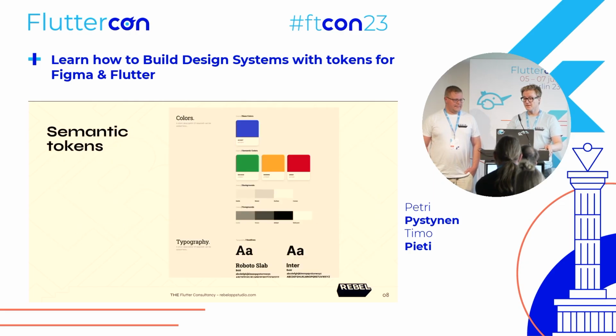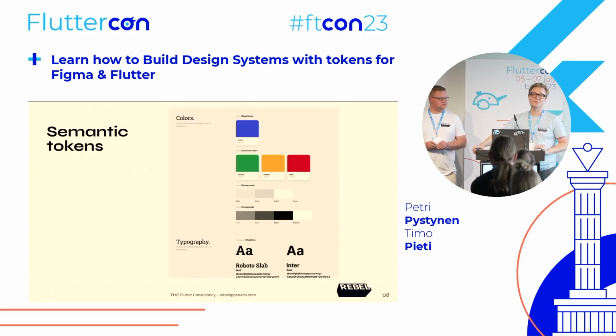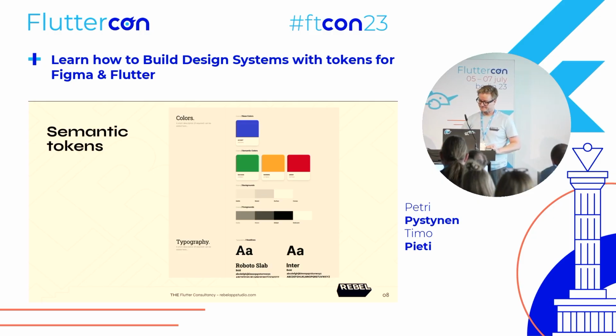And then the semantic tokens are the ones you actually have to pay attention to when naming, because they should tell explicitly what would change and what element is changing.